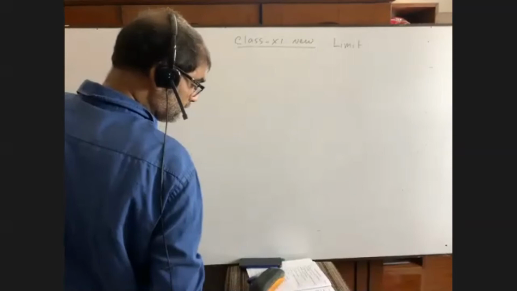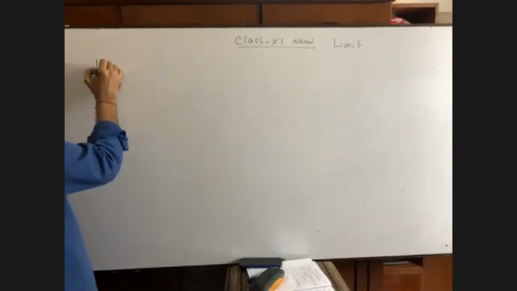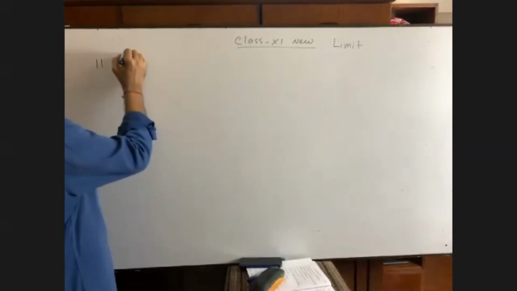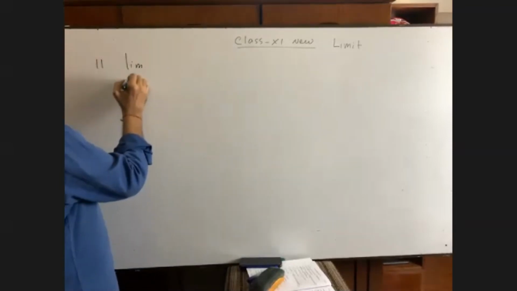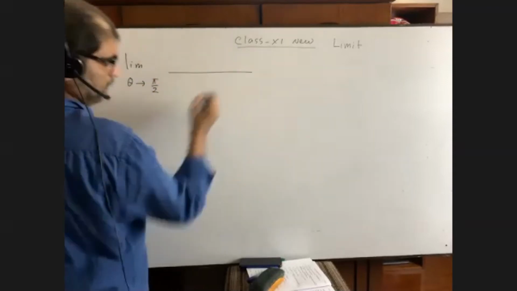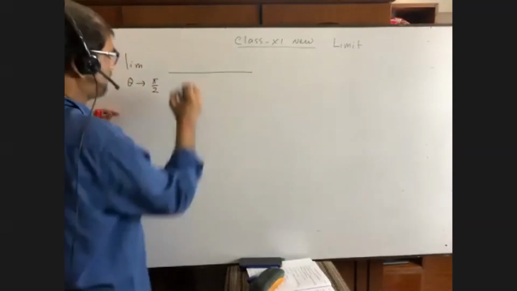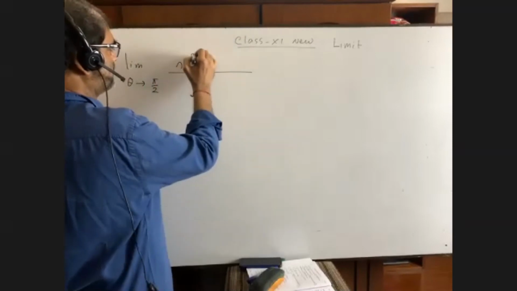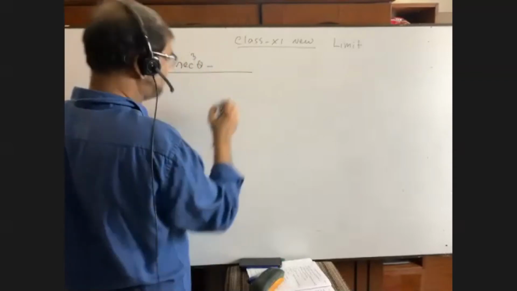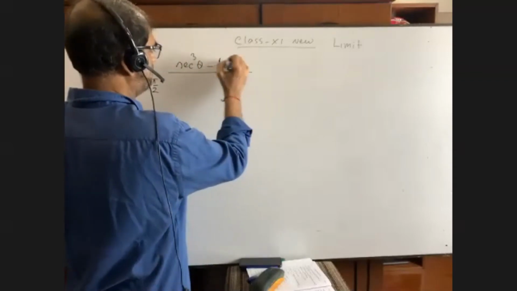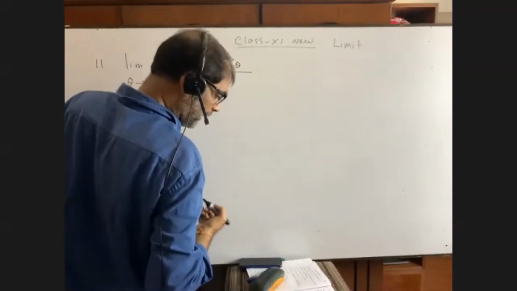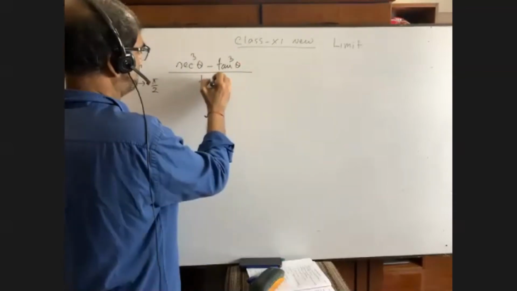Now, question number 11. Limit theta tends to pi by 2 of sec cube theta minus tan cube theta by tan theta.